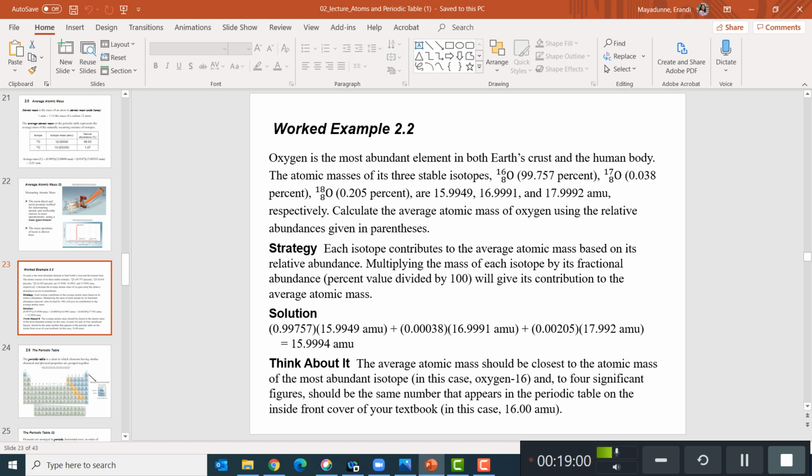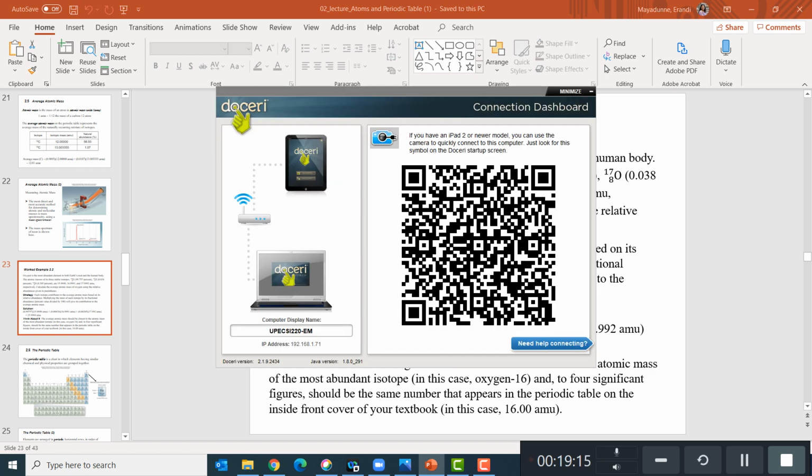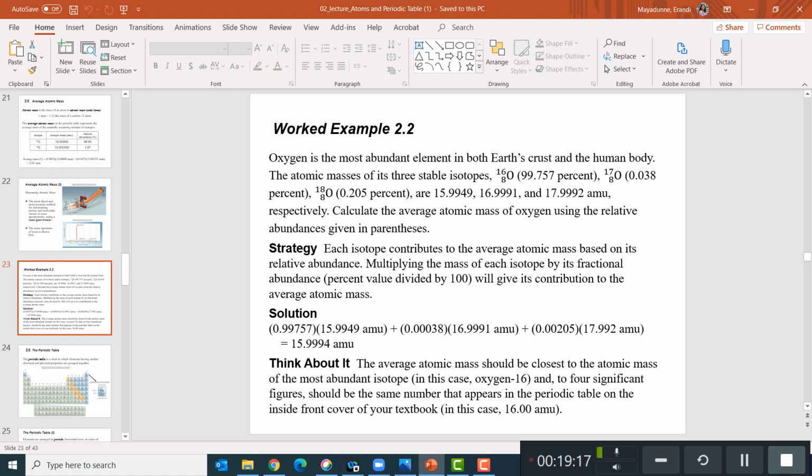So you take the isotope mass and multiply by the percentage, then you do the second isotope, then the third, and then you add these three numbers.